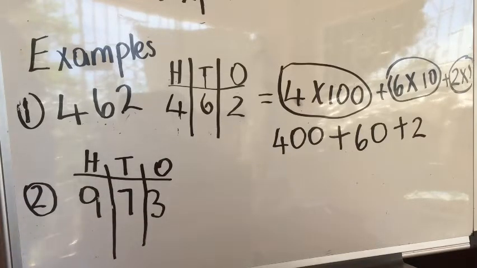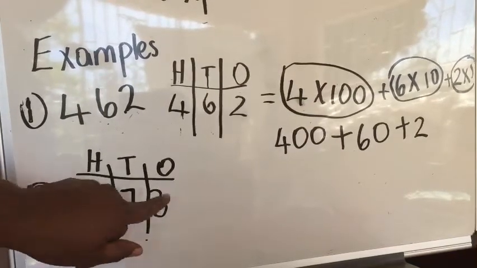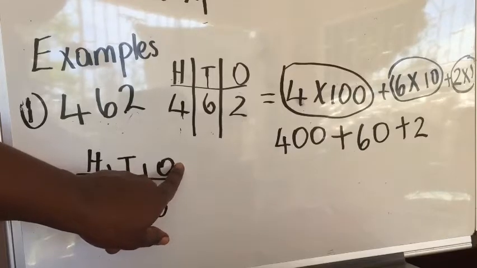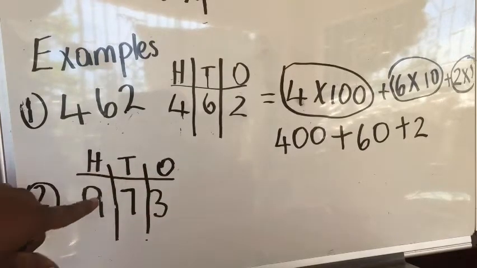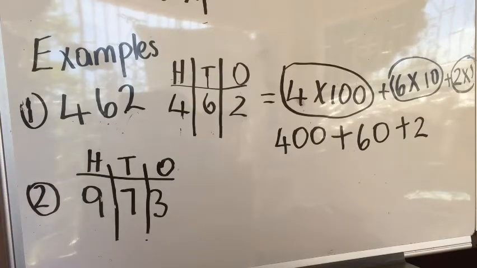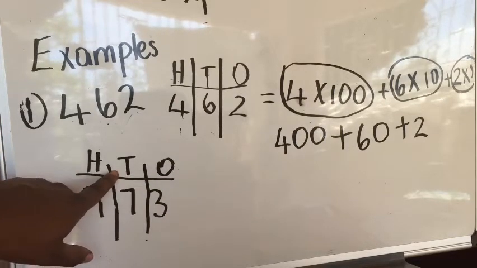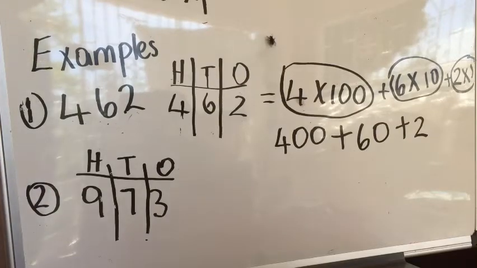So what you're going to do is to remember that the O means ones, T means 10, and H means 100. O means 1, T means 10, H means 100. Right?